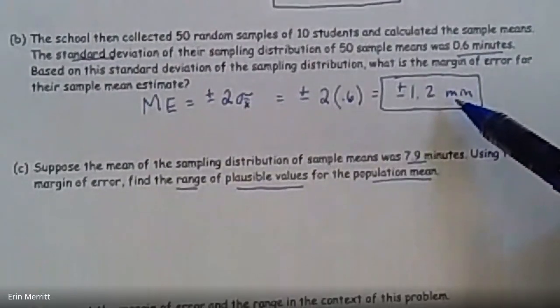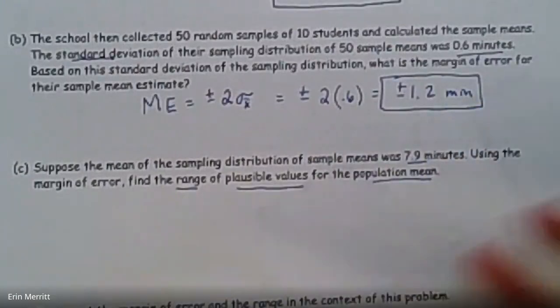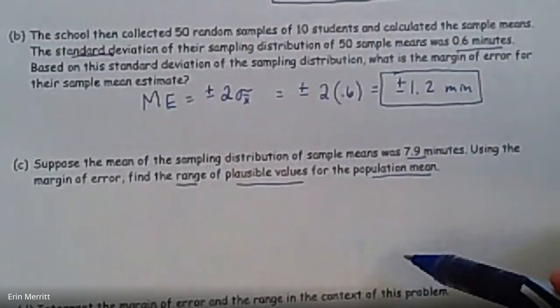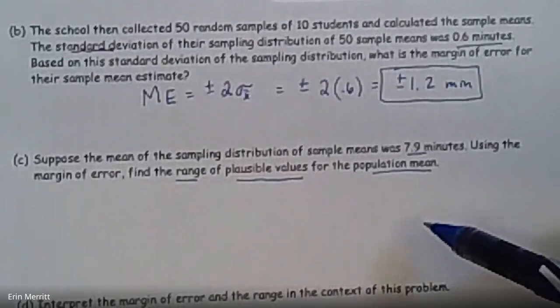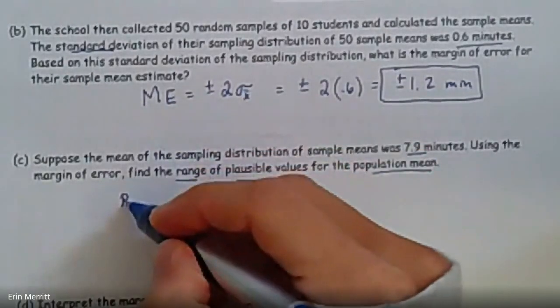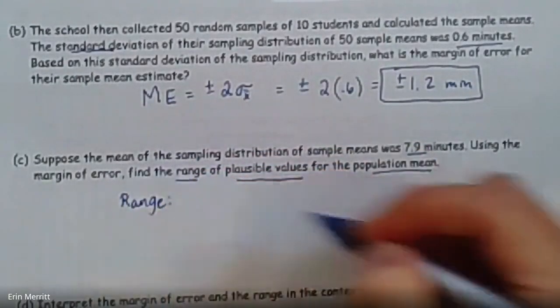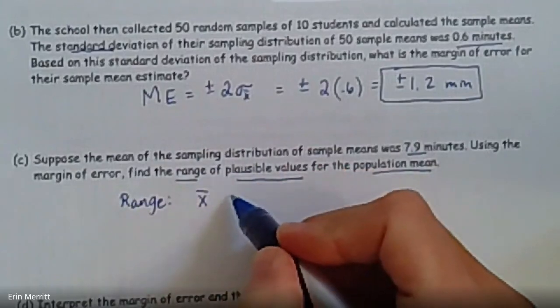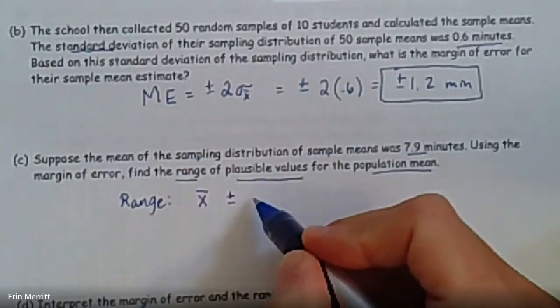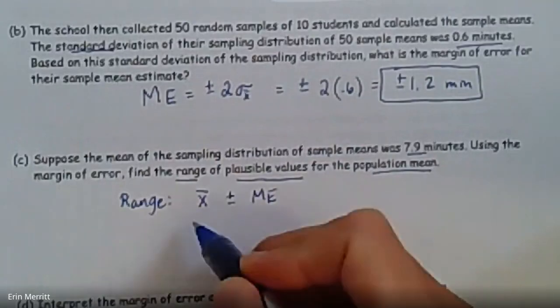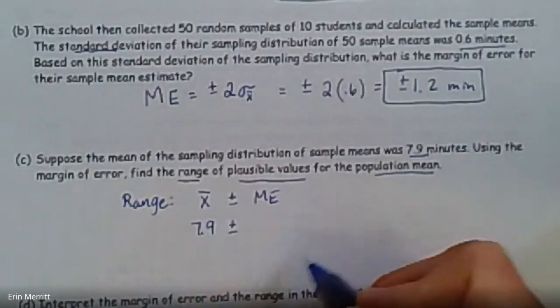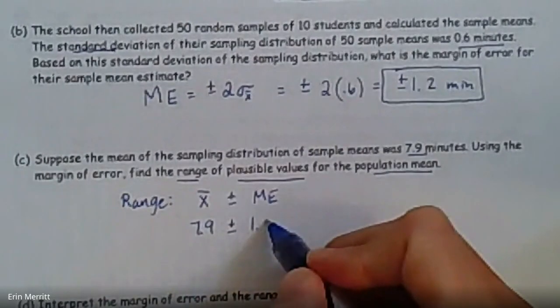What we're saying is that if you then expanded that to every student, what would the actual mean come out to be? Well, it should be somewhere between the mean that they came up with plus or minus the margin of error, right? So 7.9 plus or minus that 1.2.